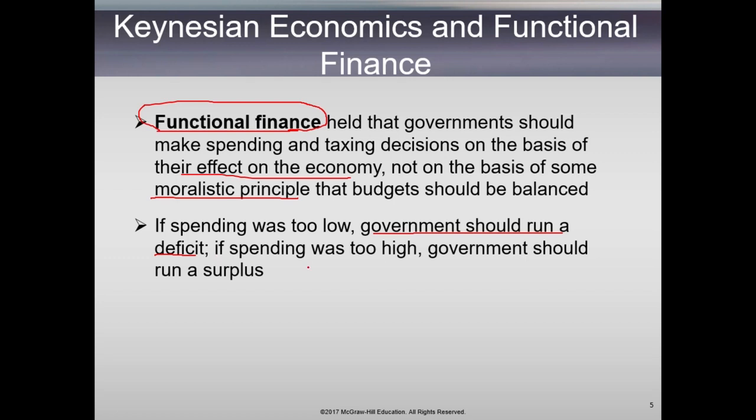They certainly believed that the government should run a surplus if the economy were operating beyond potential GDP. So it's really looking at the state of the economy and deciding whether a recessionary gap justifies deficit spending or an inflationary gap justifies more of a balanced budget. And certainly on average you should balance the budget, if not run a slight surplus, when the economy is at or operating beyond potential GDP.